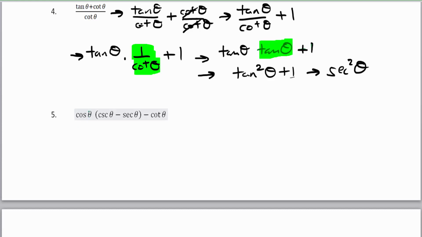Now this cosine theta stays exactly the same, but the cosecant is 1 over sine theta. And the secant is 1 over cosine theta. And the cotangent is cosine theta over sine of theta. Now, on the outside was this cosine of theta in the numerator.